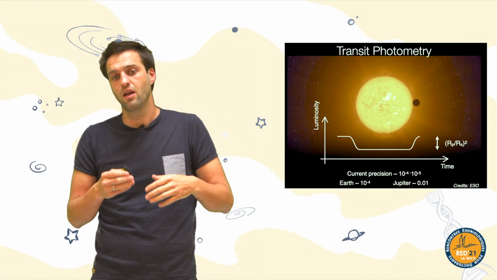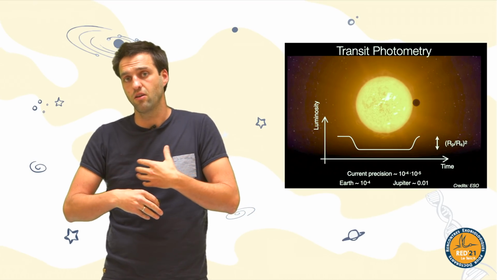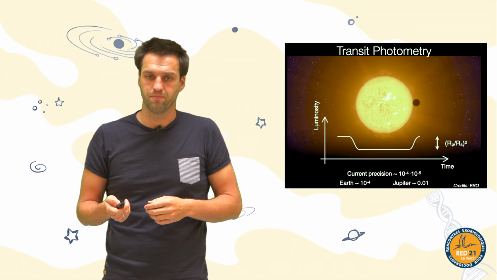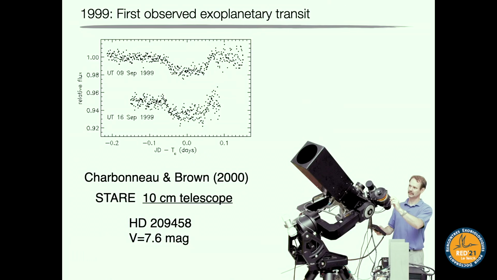And we'll see that's why this technique detected a lot of big planets, but still could detect small planets like the Earth. So here, for example, is the diagram from the first detection of a transit, which occurred in 1999, with a small 10 centimeter telescope from the ground.